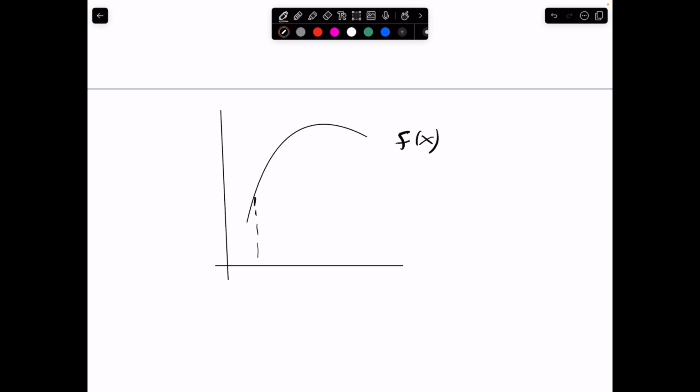And let's say now that this is a, and that's going to make this f of a. Now instead of calling the other one b, let's just assume for a second that we add some number. I'm going to call it h. That would make this coordinate right here a plus h. And then, by what we've been saying, that would make that point right there f of a plus h.